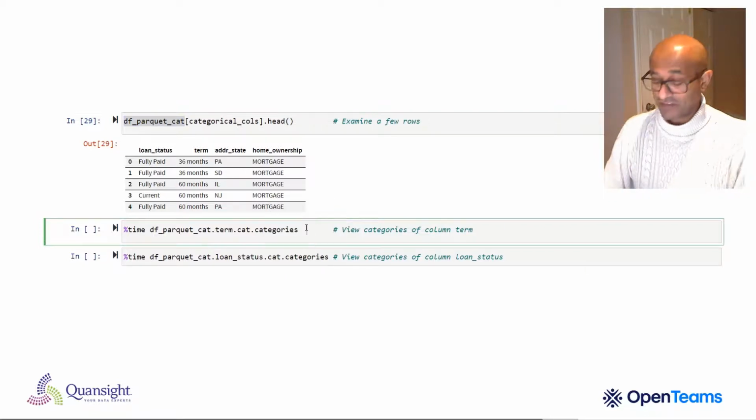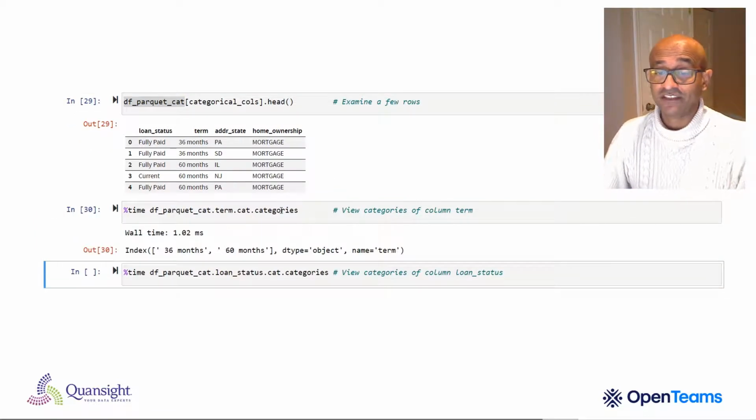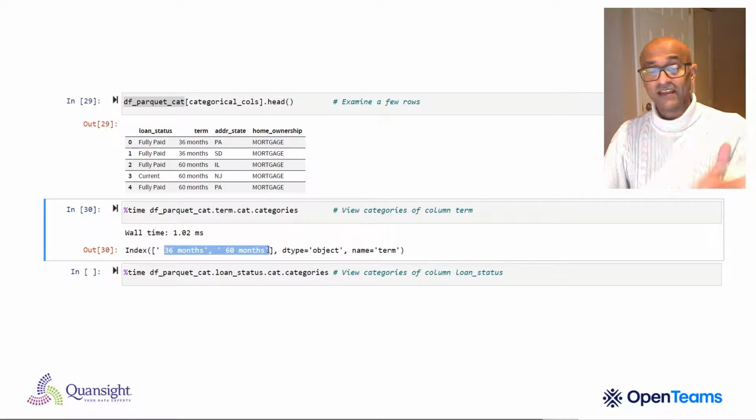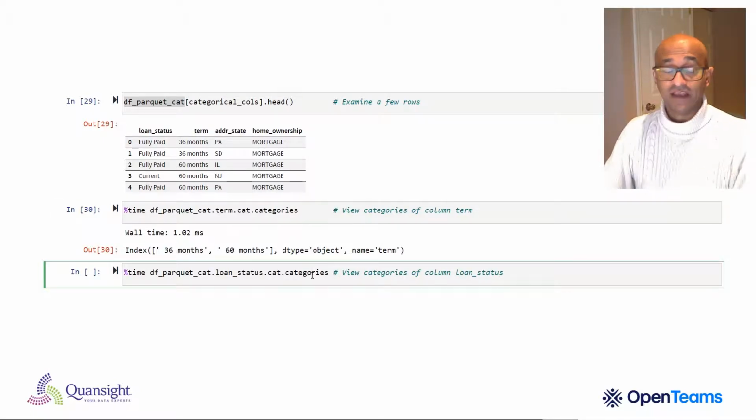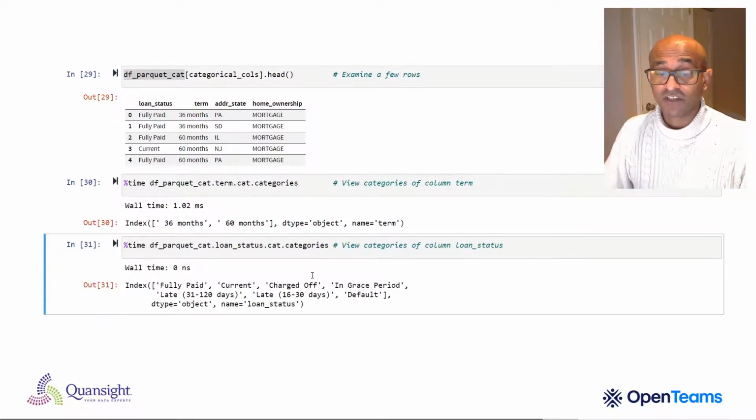So I can look at, for instance, the term column that has two categories. Notice that that was returned immediately. It didn't have to do that extra processing because this index, this data structure associated with these categories, is stored as metadata with the Dask data frame. By the same token, all of the categories of the loan status are stored in the metadata now that I've categorized this data frame.